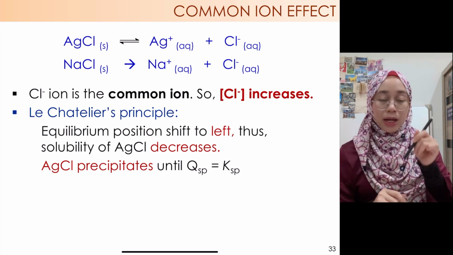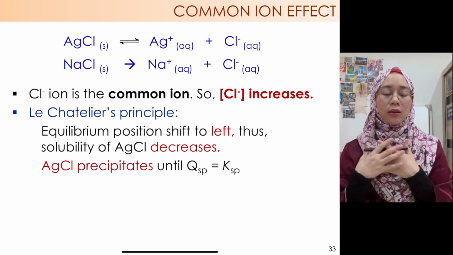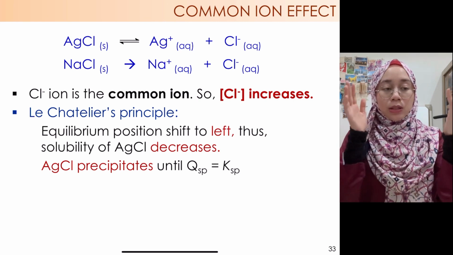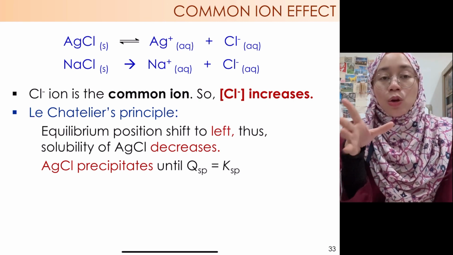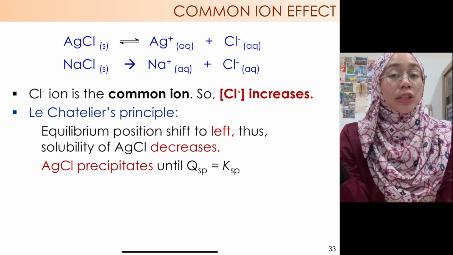But the moment dia precipitate tu, kita boleh nampak solubility dia sebenarnya decreases dah. Basically solution is said to be very soluble kalau concentration of ion tu dalam a very large amount.